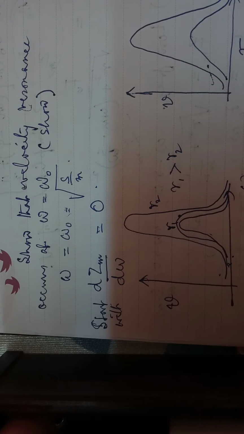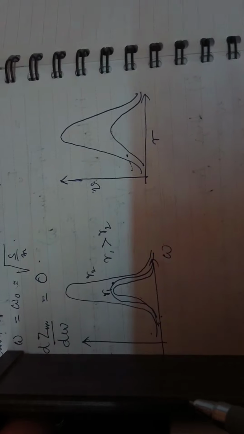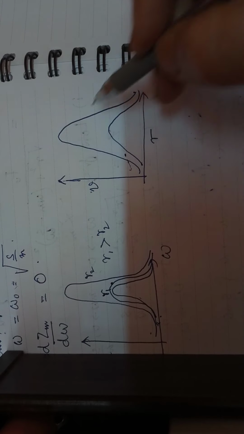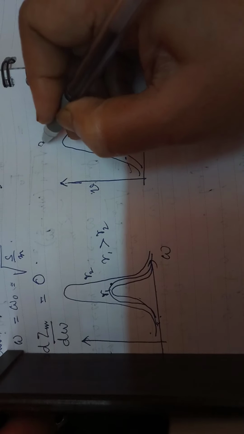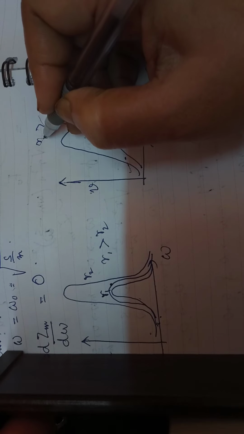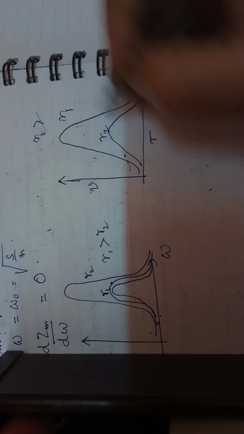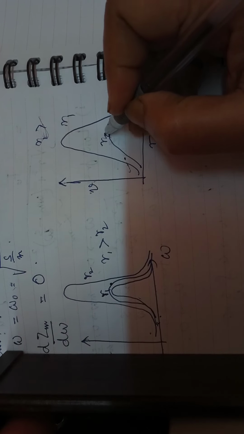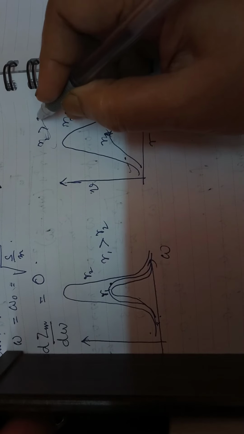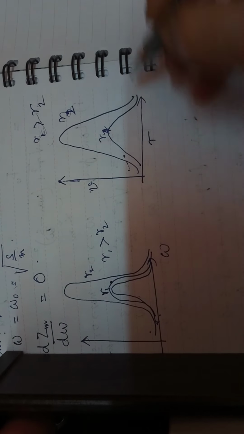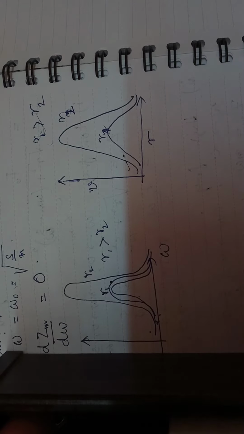So it's pretty sharp for low values of damping. If this is your R1 and this is your R2, R1 is greater than R2, so this is quite flat. If you keep on increasing damping, the sharpness becomes flat.